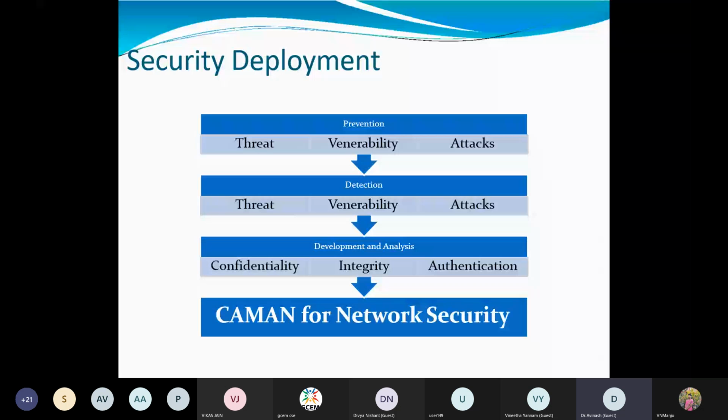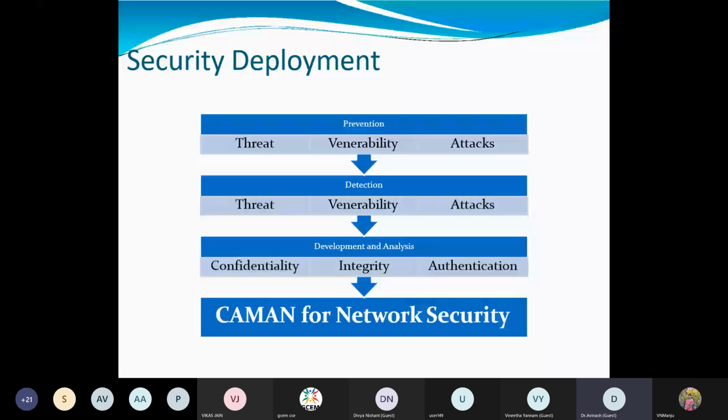Whenever we want to deploy security, we have to follow a three-step process. The first process is called prevention. At the prevention step, we have the threats, the vulnerabilities, and the attacks also. But after that, that is a prevention process.